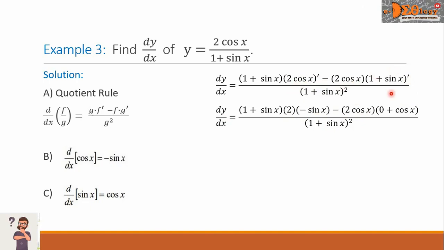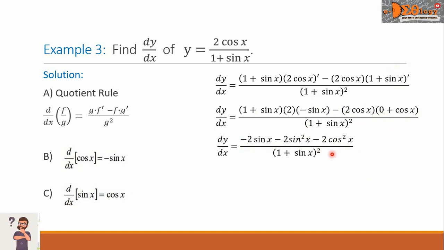The derivative of 1 is 0, that is a constant, plus the derivative of sine x is cosine x.